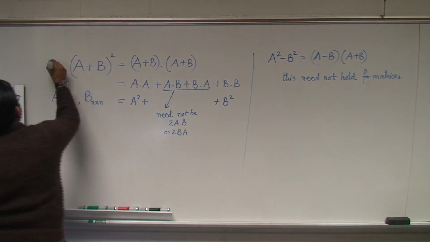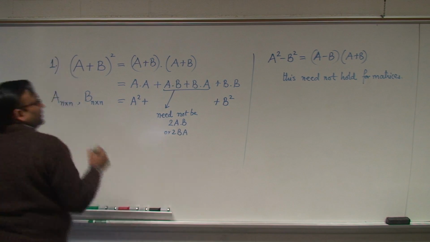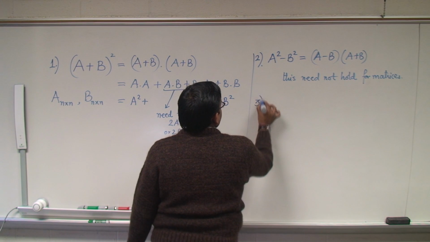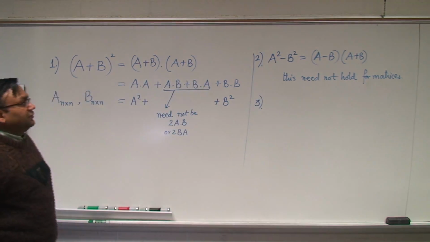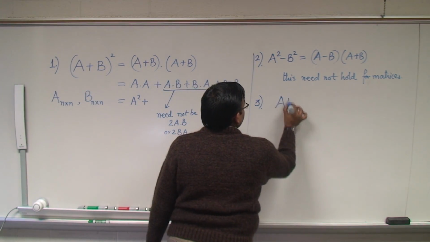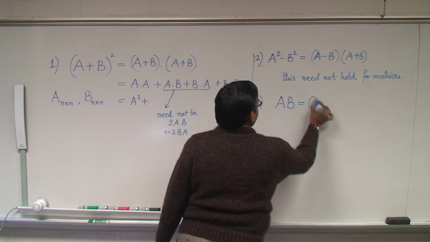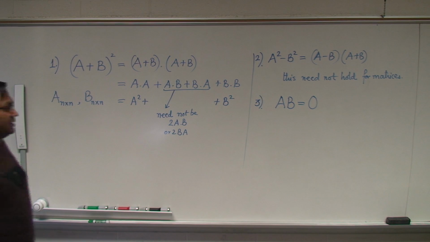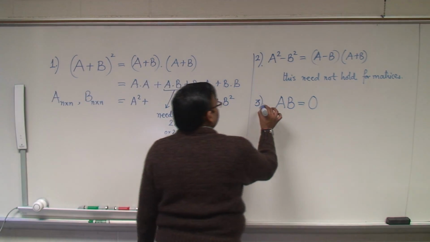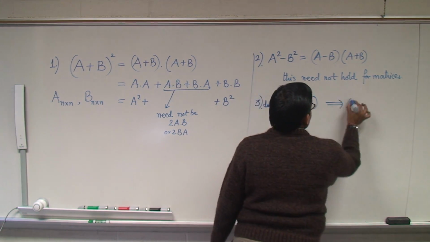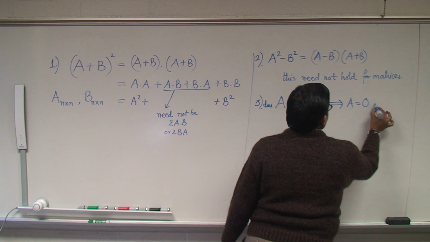Another thing that is, in my opinion, even more surprising, at least when you see it for the first time, or at least it tells you that you have to be even more careful. What if the product of two matrices is 0? Does AB equal to 0 imply that A is 0 or B is 0?